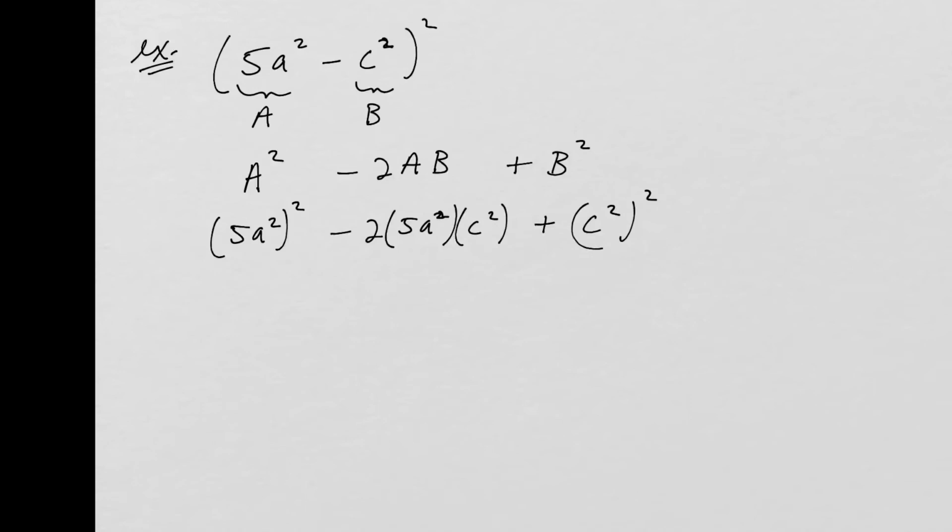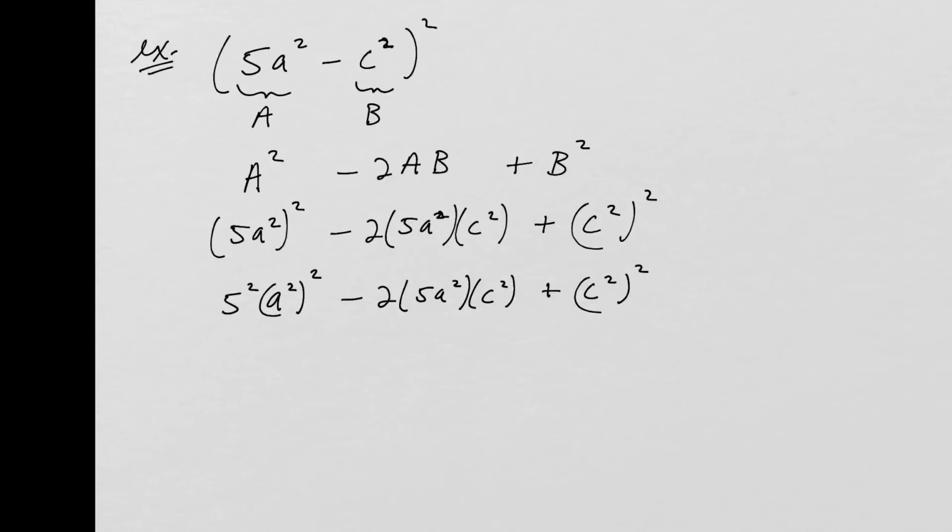Okay, so use your rules for exponents now, right? Remember, (5a squared) squared means it's a product, it's being squared, so the first term gets squared, and the second term gets squared. Now we can use the power rule, right? If I have a squared raised to another power, raised to the second power, remember the rule is you multiply the exponents.